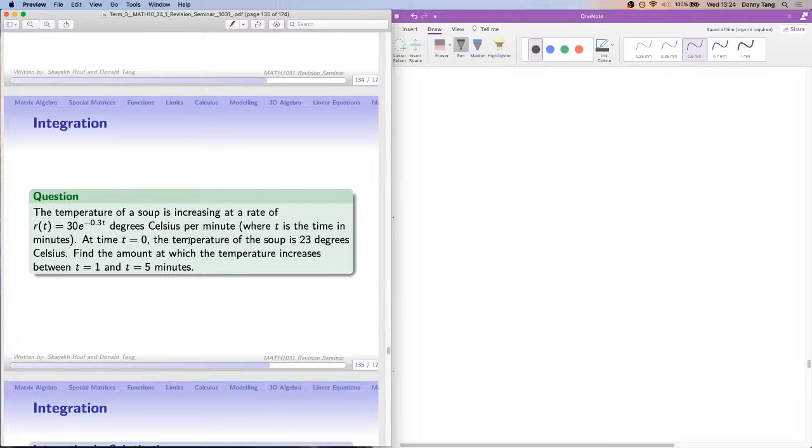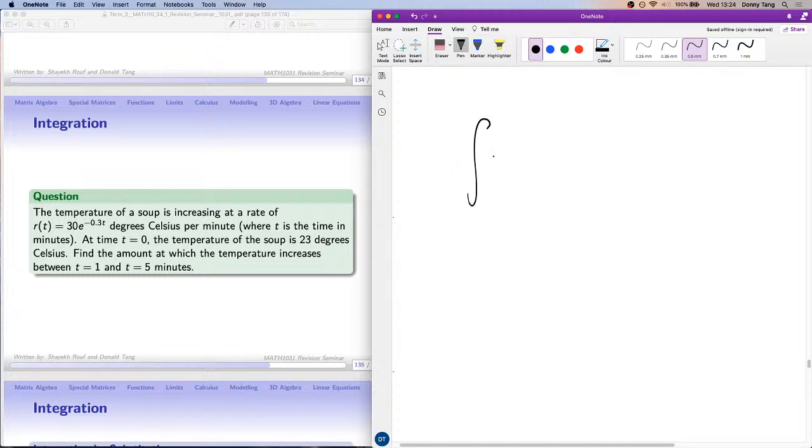Okay, so basically the temperature of a soup, right? It's saying find the amount by which the temperature increases. So we just want the increase. We don't want the actual temperature of the soup. So what you do is just do an integral. So we integrate 30e to the power of negative 0.3t dt from time t equals 1 to time t equals 5.